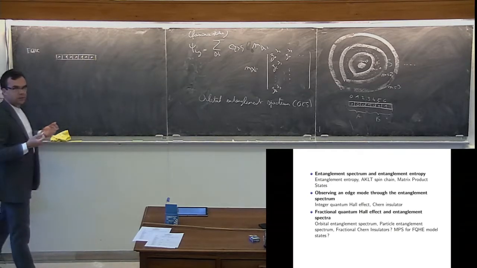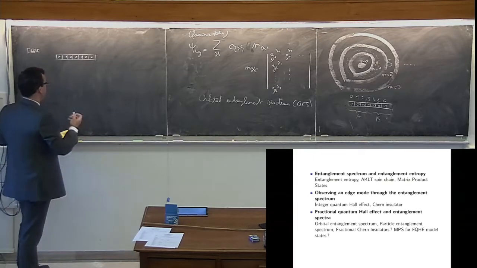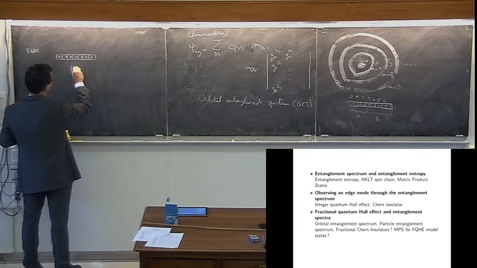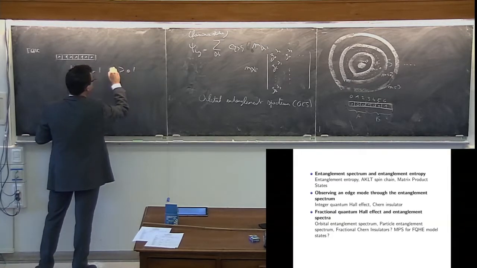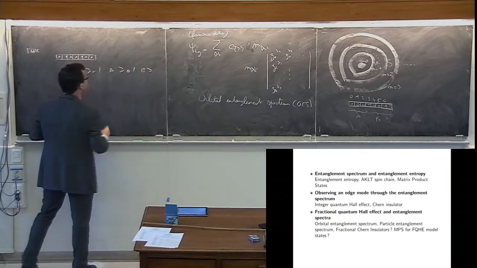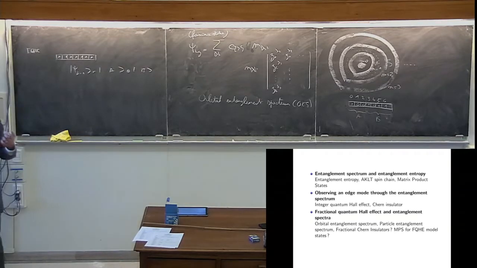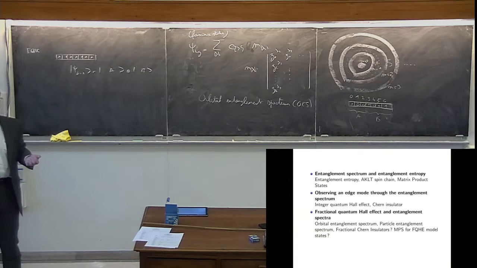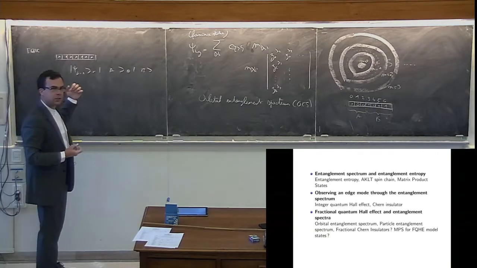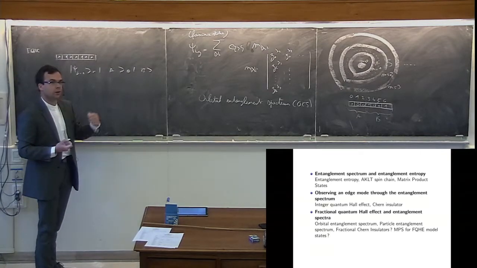Which means that the state itself is already a product state. You can decompose it into A and B. There is no sum here, so there is a single non-zero eigenvalue, which is equal to 1, and the spectrum is trivial. So you don't extract any information for the integer quantum Hall effect if you cut like this.